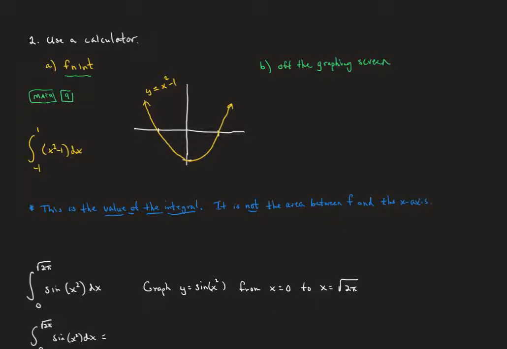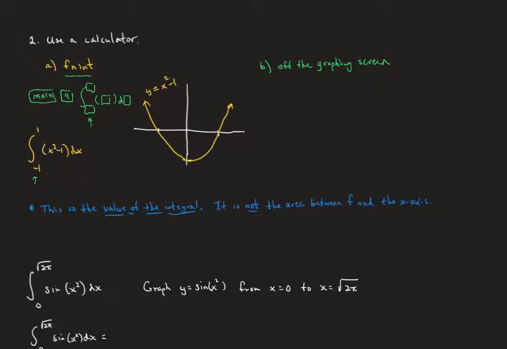When you hit enter, it depends on how new your calculator is. If you have a newer model, it's going to look very suggestive of what we have just said. You're going to get something that looks like this. That should be where your cursor is.